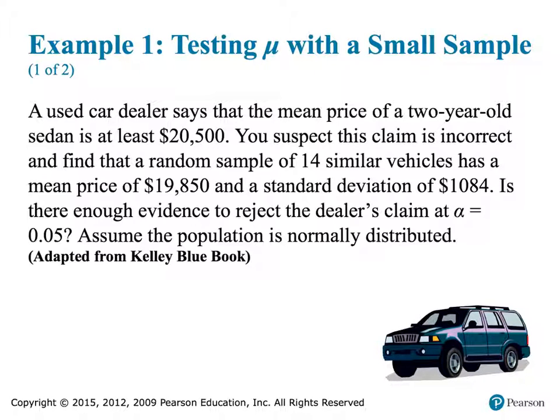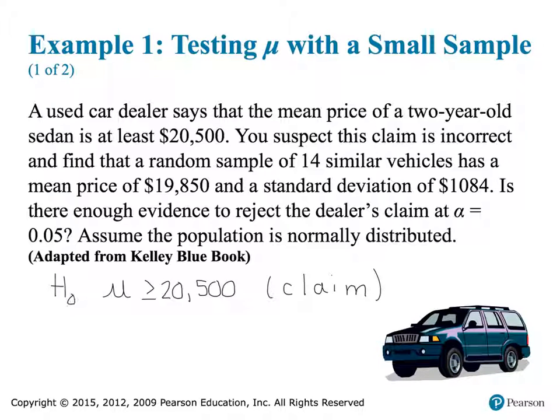A used car dealer says that the mean price of a 2-year-old sedan is at least $20,500. At least means greater than or equal to $20,500. Well, since there is an equal sign with that claim, that belongs in our null hypothesis.